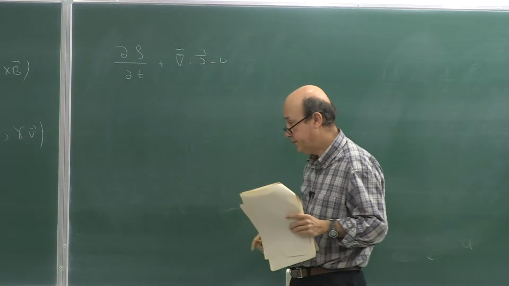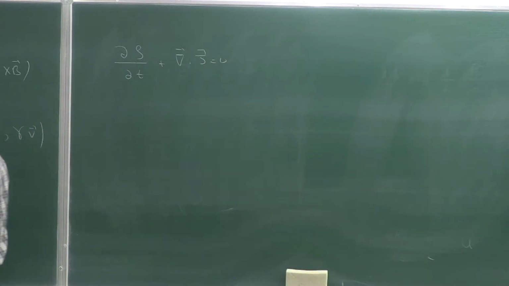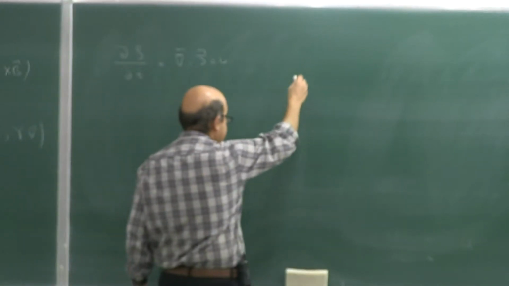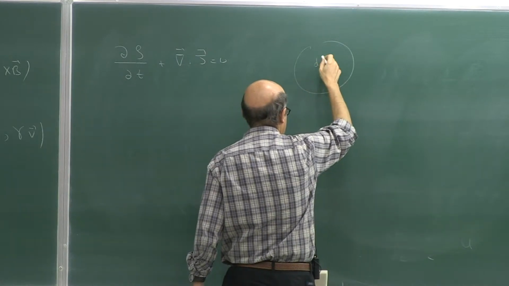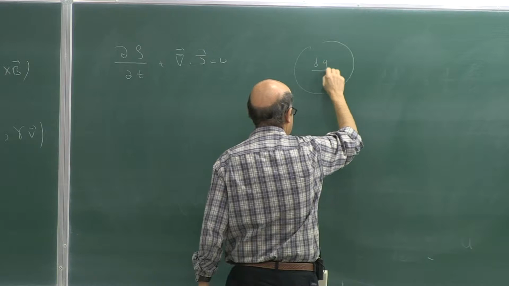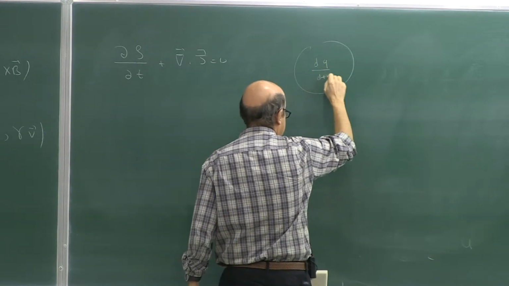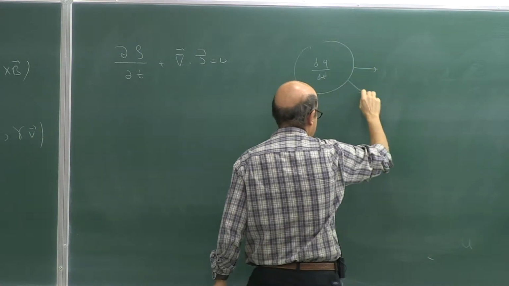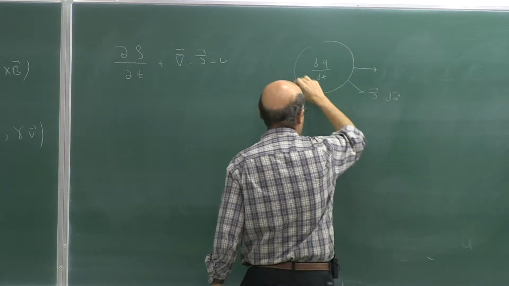And if you take the volume integral of the divergence of J, from the divergence theorem that turns into J, the current density, dotted over the closed surface. That tells you that if there is a decrease in the total charge in time, there should be a current flux through the closed surface.